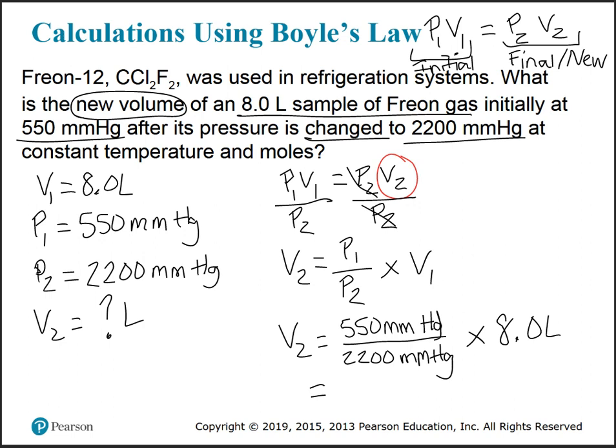Yep. So your answer should be 2 liters. And don't forget that we need to report it with 2.0 because we need 2 sig figs.